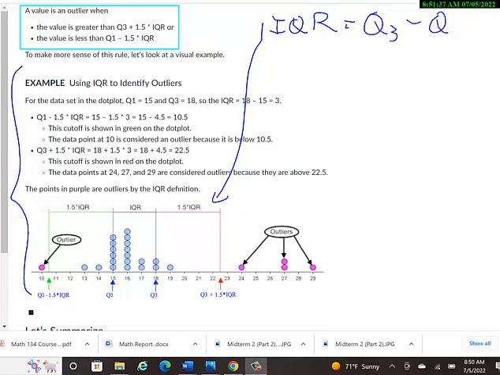Now that we have this all nice down here, I see Q1 has 6 values above it, and it looks like it's at 15. So Q1 is 15. And then we're subtracting that from Q3, which is here. I see they labeled it at 18. Yeah, 18.